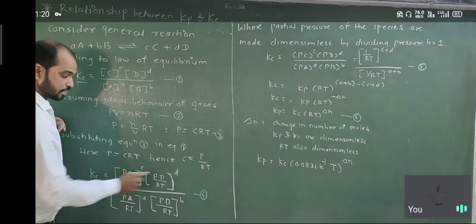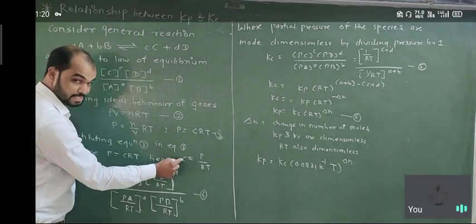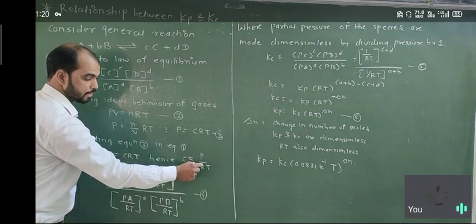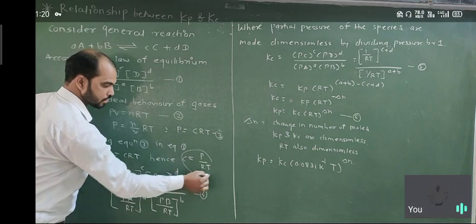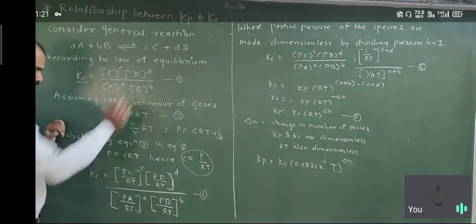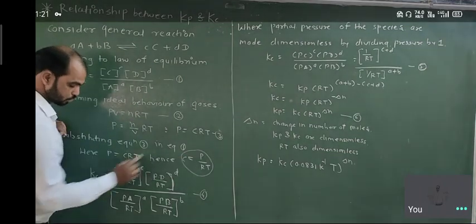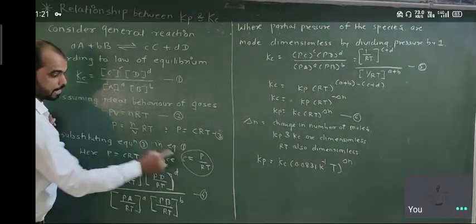we get C, the concentration, equal to P upon RT. We replace the concentration by P upon RT in equation number 1.